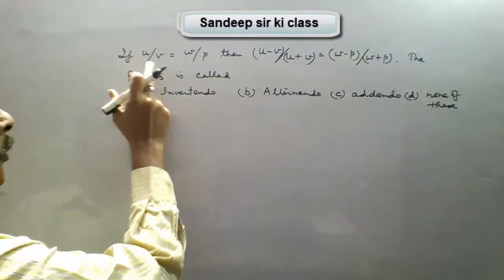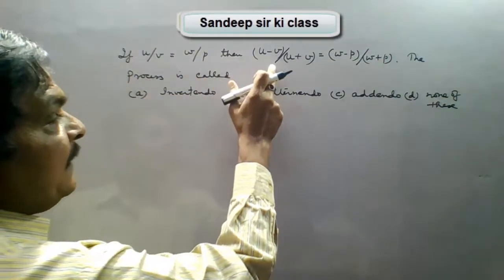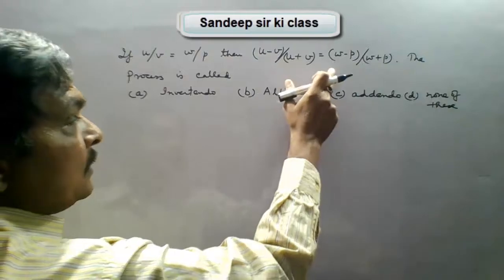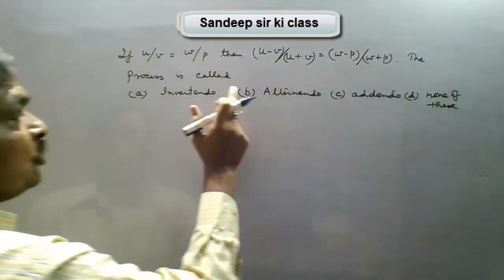If U upon V equal to W upon P, then U minus V upon U plus V is equal to W minus P upon W plus P. The process is called.